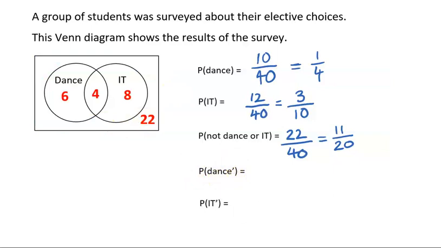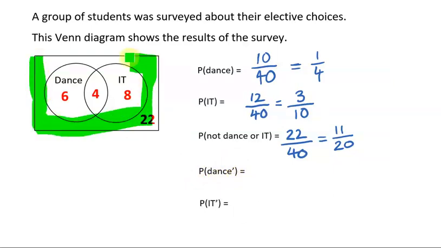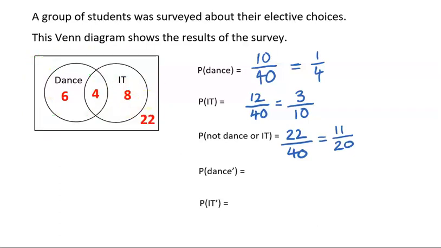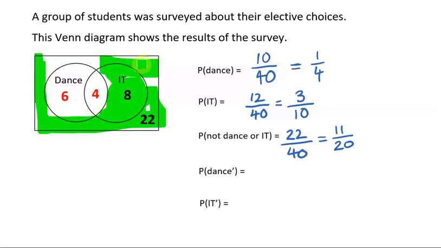So that's all the students who are not in the dance circle, which means it's everyone outside of that dance circle. Oh, that's a pretty bad colouring in of our dance circle. Let's try that again. So all of the students who are not in the dance circle. So that's the 8 who do IT and the 22 who don't do either of the electives.